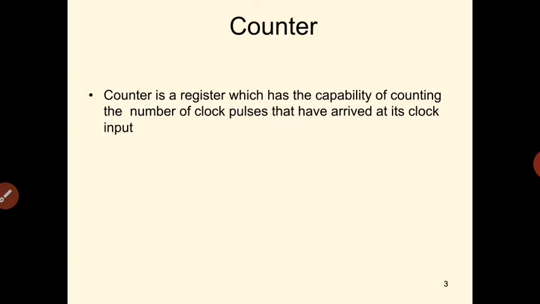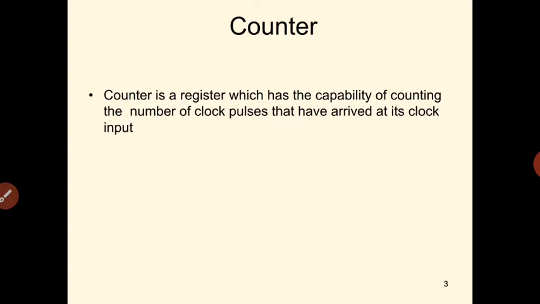For each and every flip flop in that register, you are applying the clock pulses. The counter has the extra feature of counting the number of clock pulses applied to each flip flop in that register. That is the main definition of a counter.